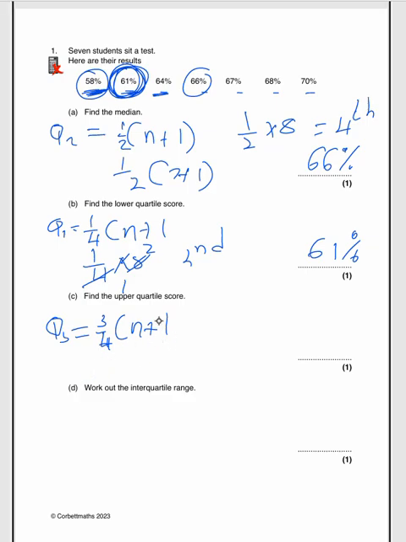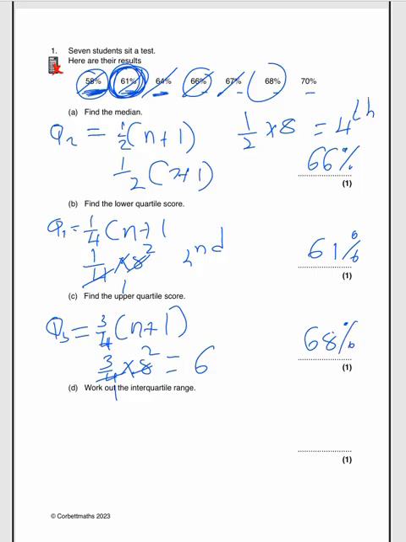Initially, our n was 7, so you're going to have 3/4 multiplied by 8. 4 into 8 is 2, and 3 times 2 becomes 6. So our upper quartile is in position number 6. We can count 1, 2, 3, 4, 5, and 6. So our upper quartile is 68.